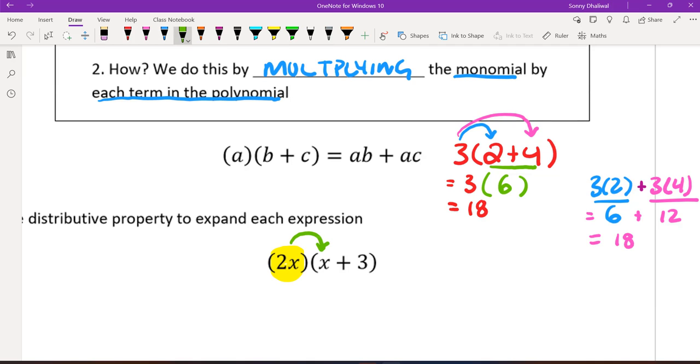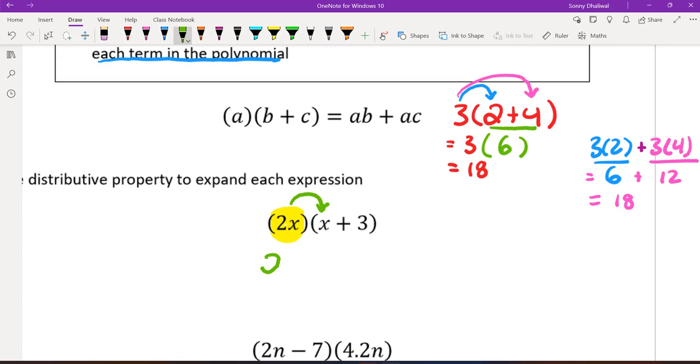So the first one, I'm going to write this out. 2x times x. Then we have a plus sign in between here. So I'm going to put down the plus sign. Then we have 2x times 3. You can use the times symbols or you can use the bracket symbols, whatever you want.